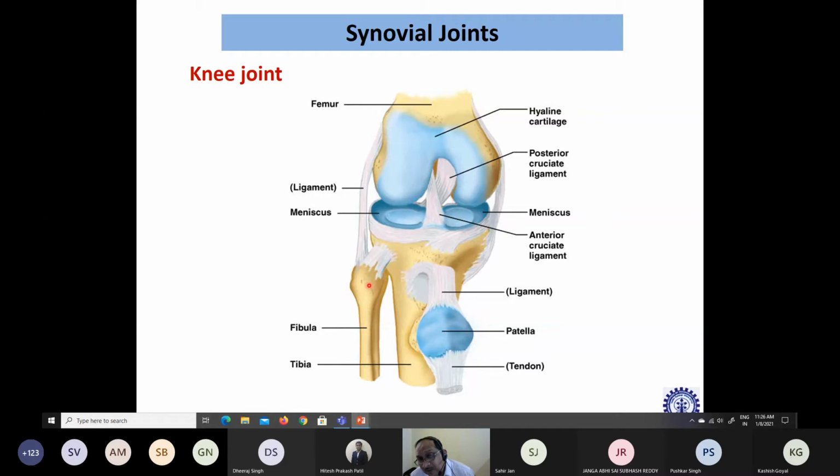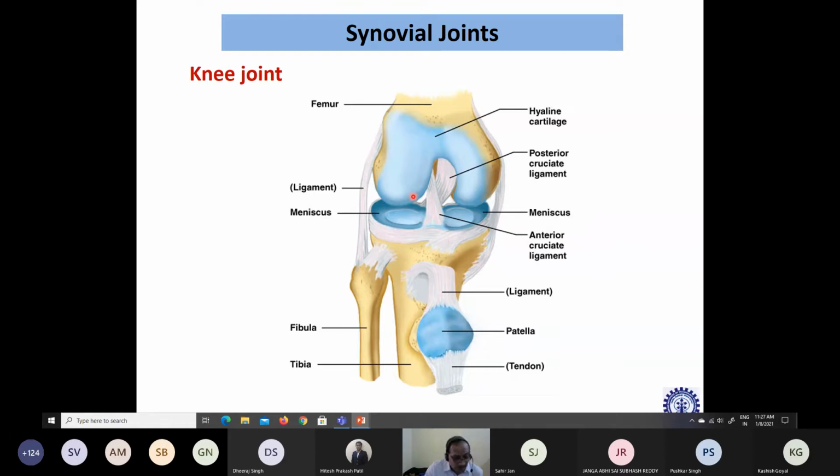See the fibula, the bone which is attached to the tibia. The fibula should always be outside, that means on the lateral side, not on the medial side. So if this is on the lateral side, this is the lateral condyle and this is the medial condyle.